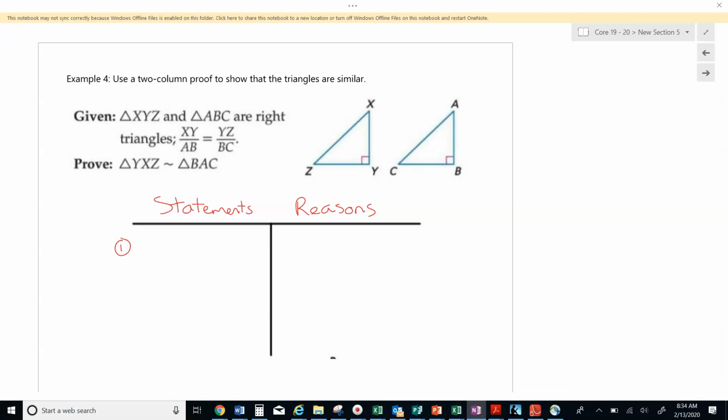So, triangle XYZ and triangle ABC are right triangles. That was given to us.